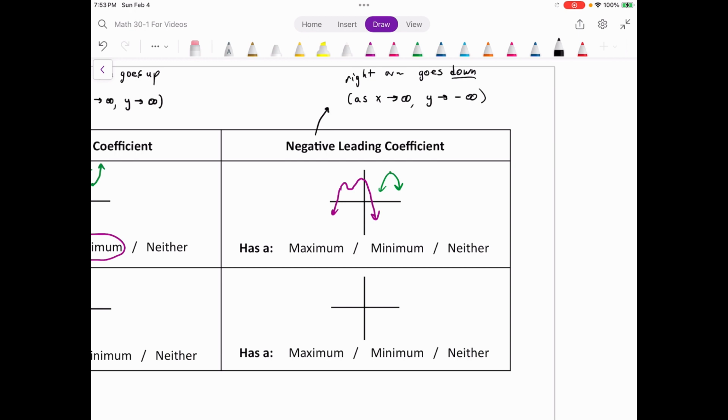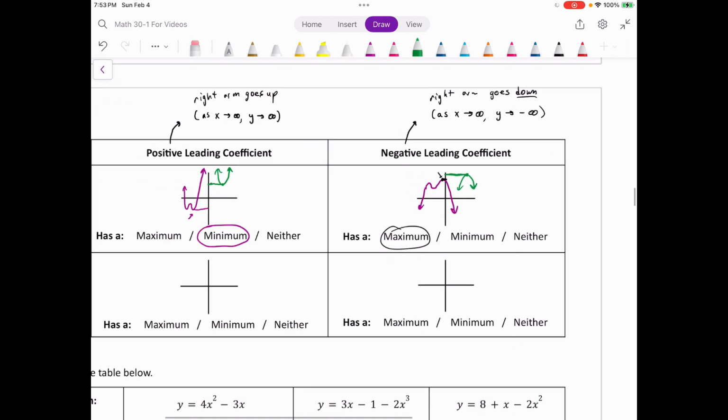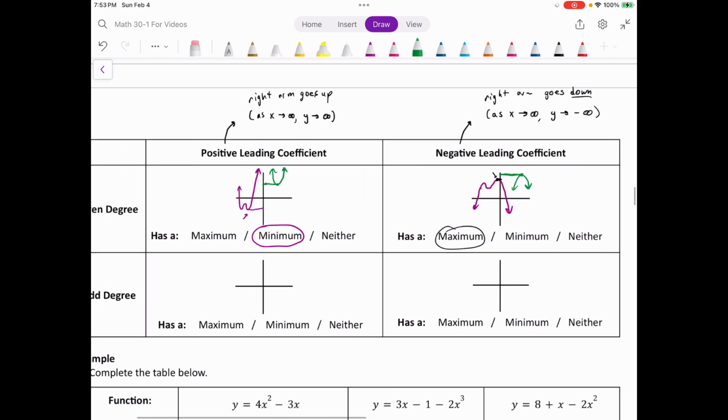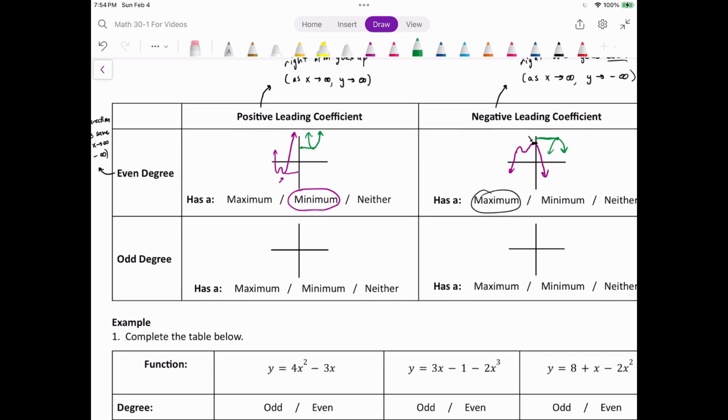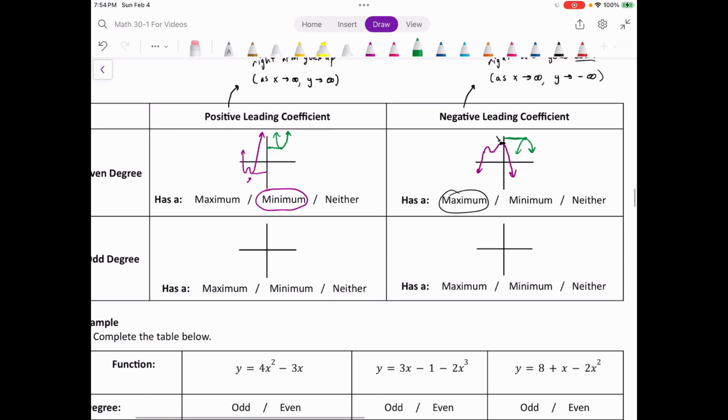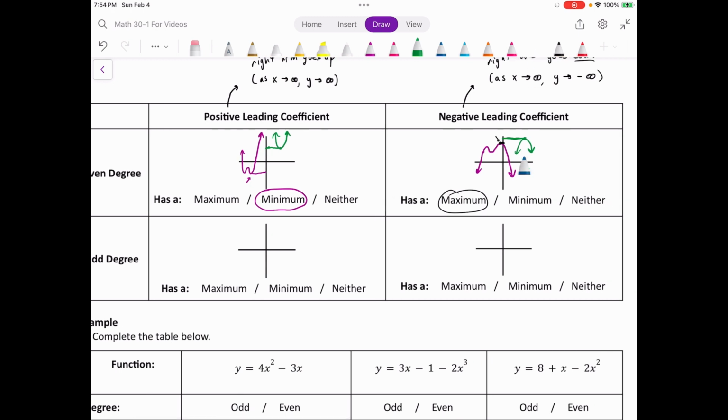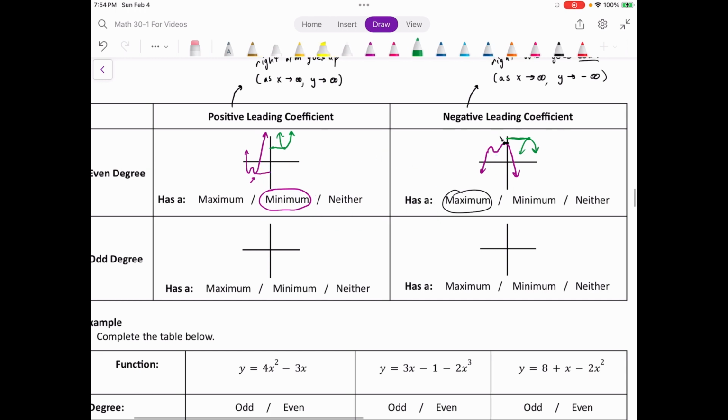That is a max, right? We can see here this one has a max value, whatever that y is, right? This one has a max value, whatever that is. So even degree polynomial functions will have a max or a min. And then whether that's a max or a min is just going to depend on whether it opens upwards, right, with a positive leading coefficient, or opens downwards with a negative leading coefficient.